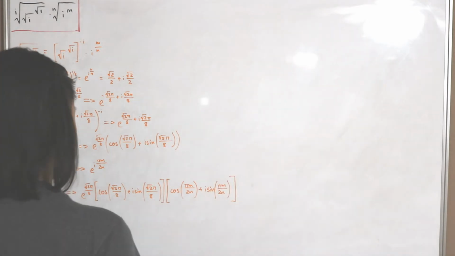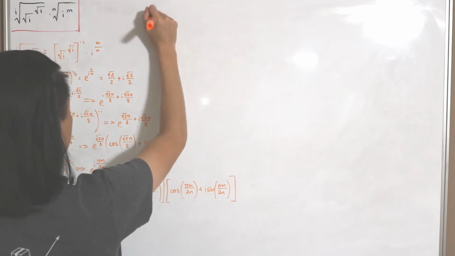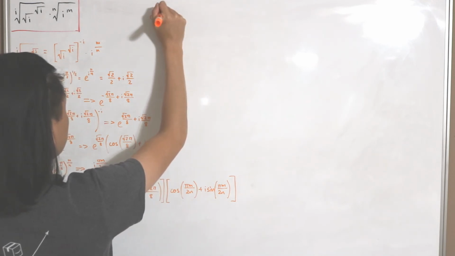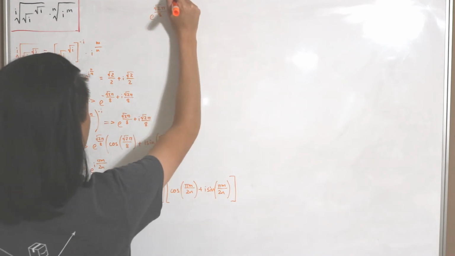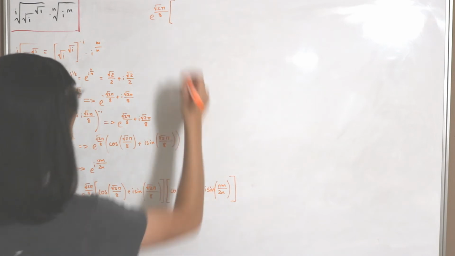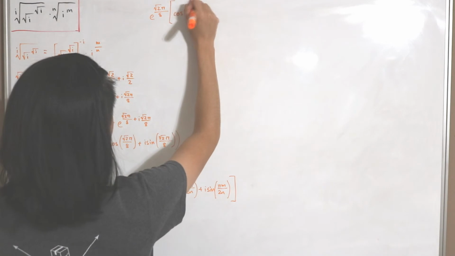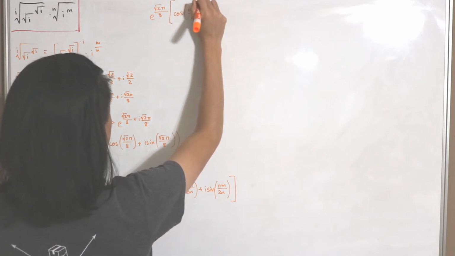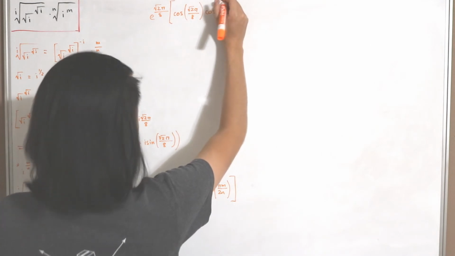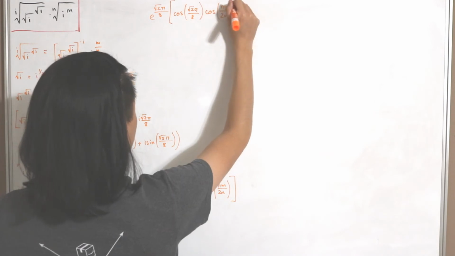So now from here we can actually use the FOIL method. We keep e to the power square root 2 pi divided by 8 on its own, and we'll do our FOIL. So we have cosine of square root of 2 pi divided by 8 multiplied with cosine of pi m divided by 2n.